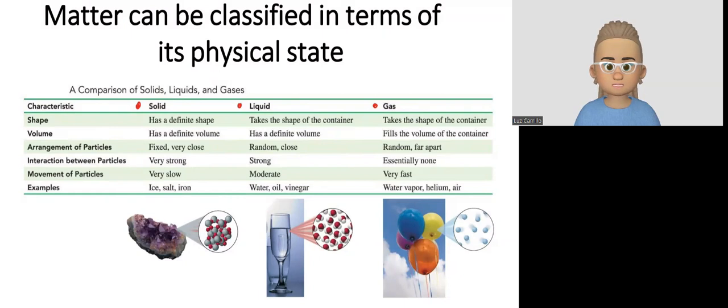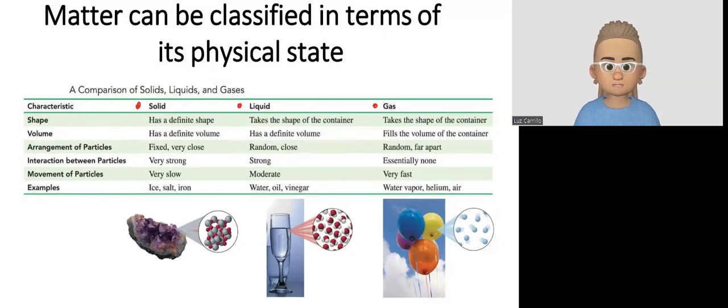In the case of liquids, on the other hand, liquids take the shape of the container. They have a definite volume. The arrangement of the particles is random, but they are arranged close to one another. The interaction is strong, but the movement of the particles is moderate.